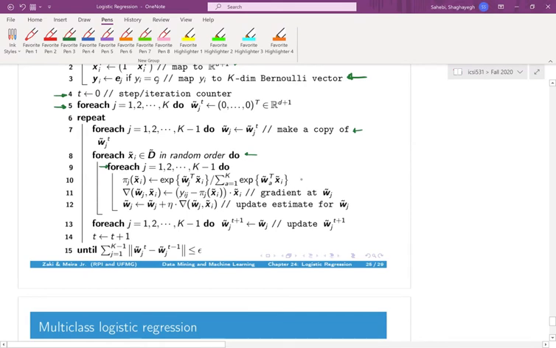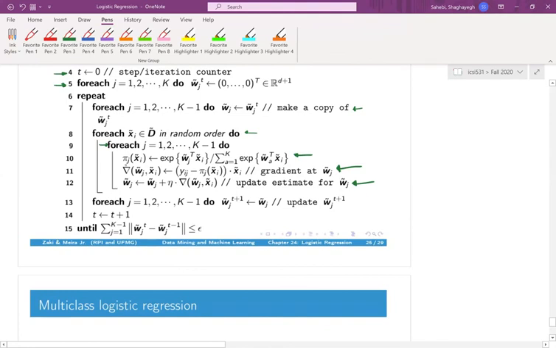For each class, we calculate the pi j of xi, and we calculate the gradient of the vector w for that class at the data point xi that we have chosen at random above, and we update the w's accordingly.